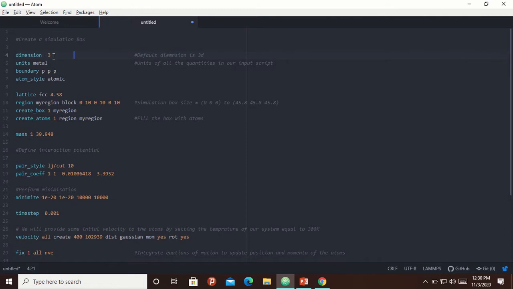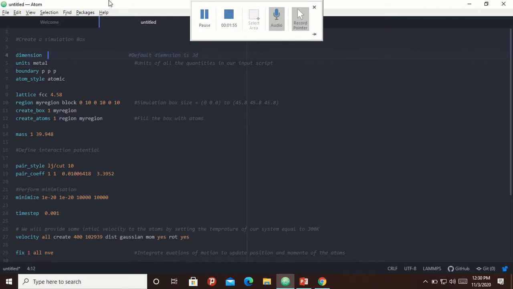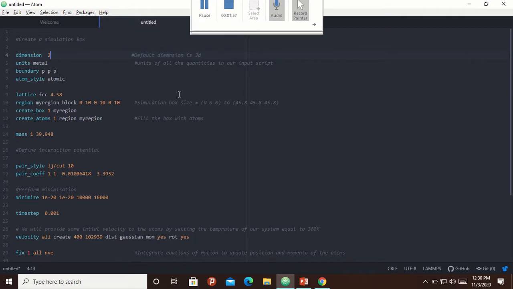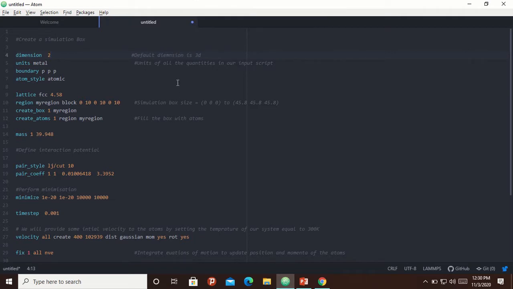So if you want to do it in 2 dimensions, I will replace 3 with 2, and it is in 2 dimensions. But if I replace it with 3, or if I don't write anything here, then the default dimension in LAMMPS is 3 dimensions. Okay, I hope this is clear.